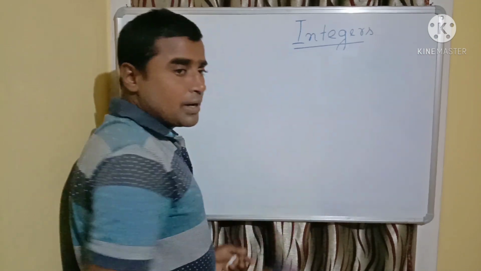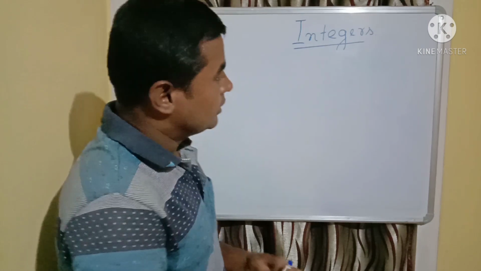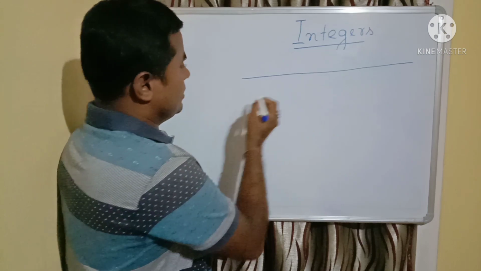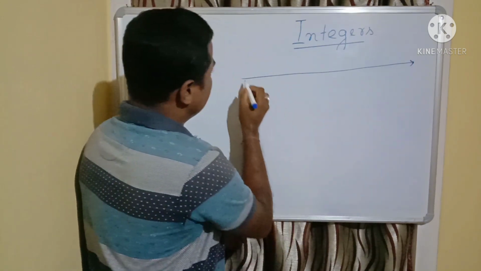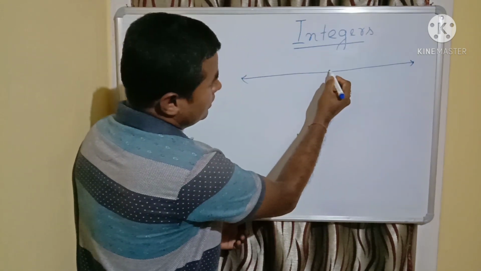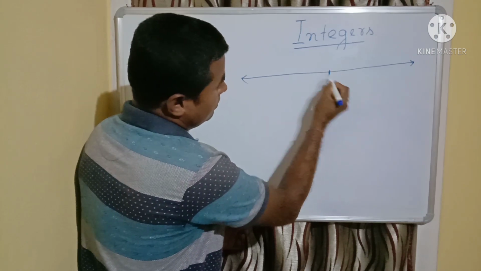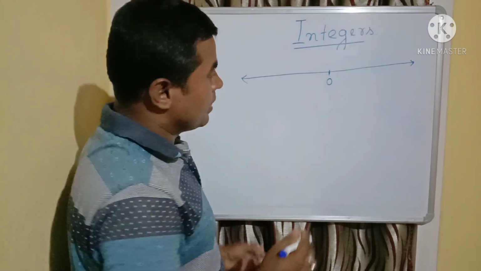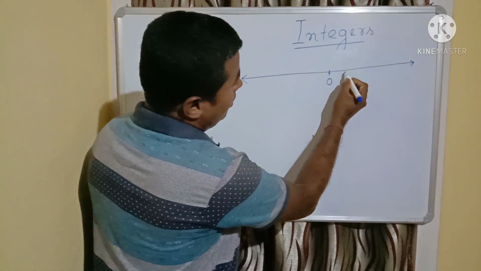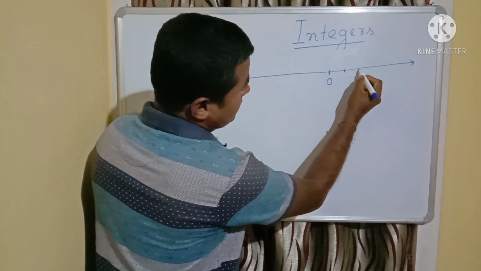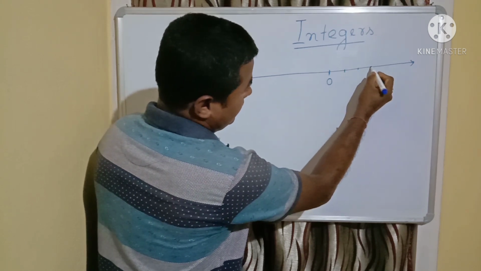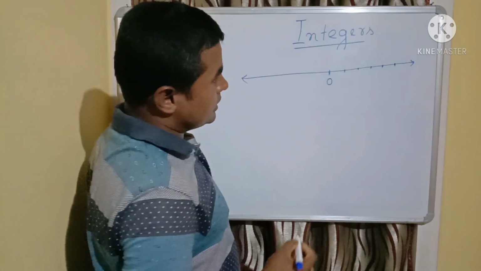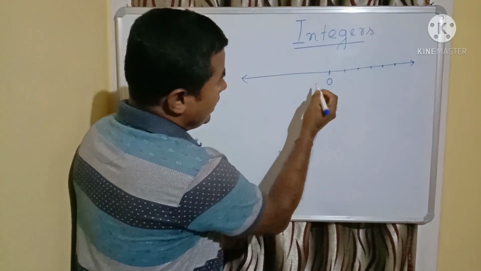Let us draw a number line. You know the number line? At the middle we have 0. That means the middle is occupied by 0. From 0, at almost equal distances, you take some points on the line, on the right side and also on the left side.